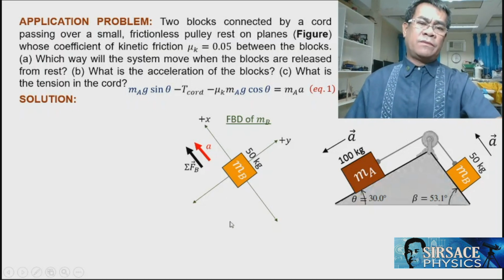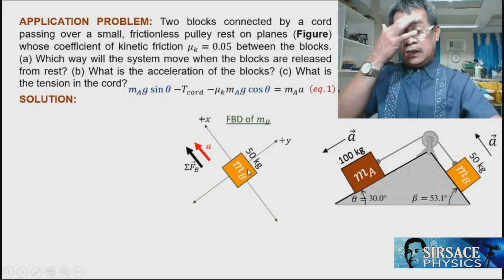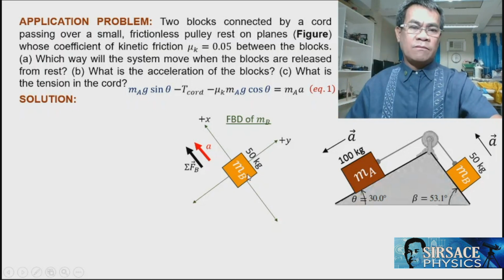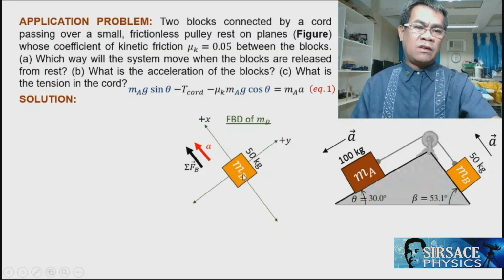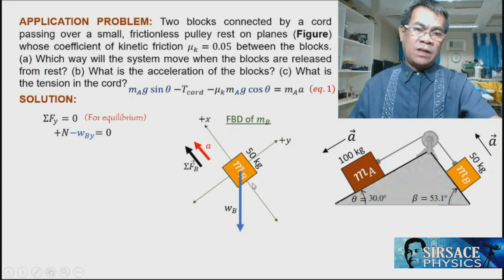So next, we have to draw the forces acting on block B. Again, because we have the mass of the block, we have the weight of the block. Since we have the contact, we have the normal, just like what we did before.